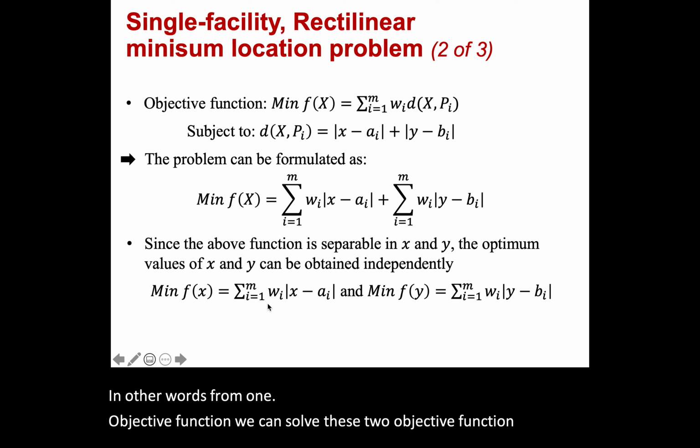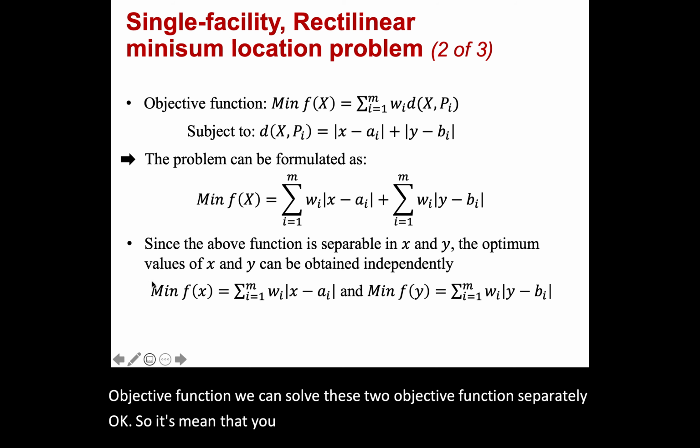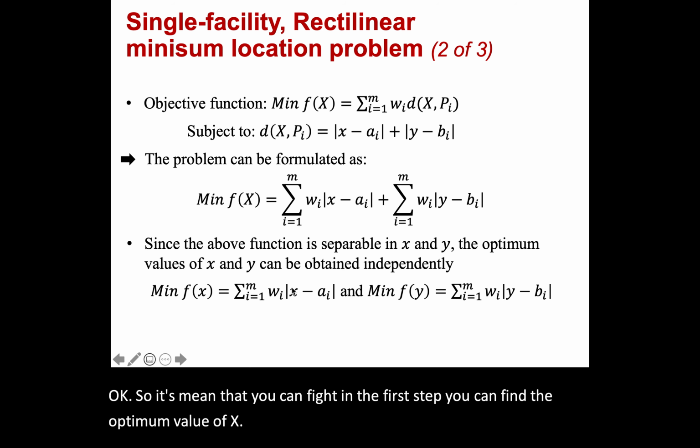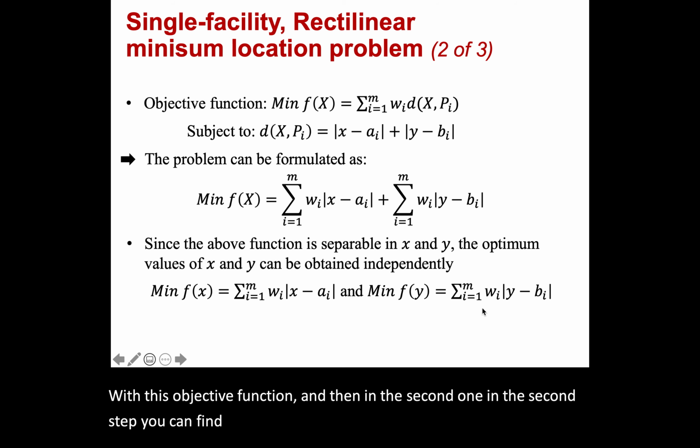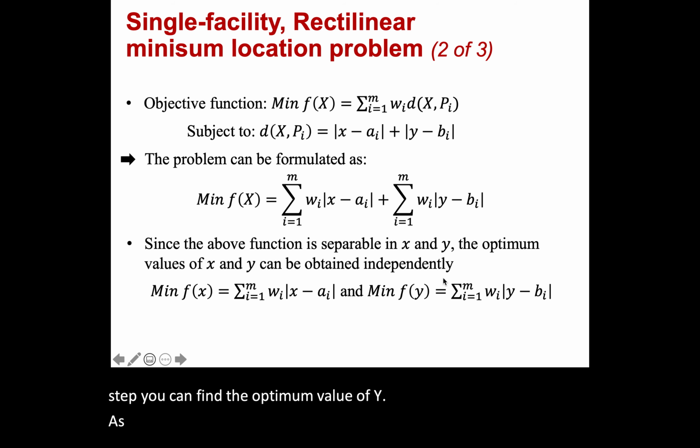Okay, so in the first step you can find the optimum value of x with this objective function, and then in the second step you can find the optimum value of y with this objective function.